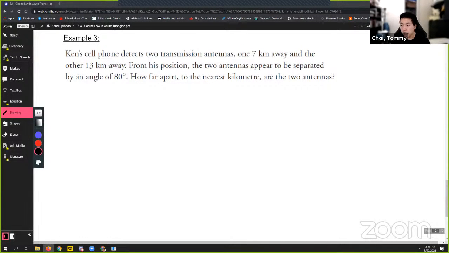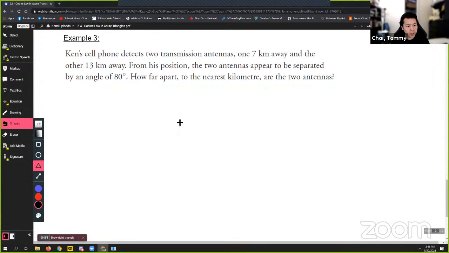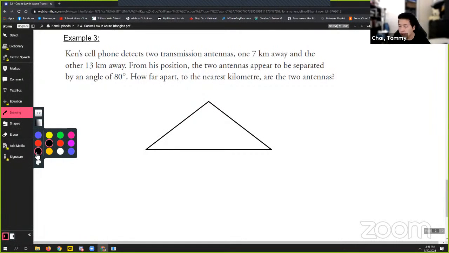Okay. So the diagram you should have here, hopefully you have something like this, or at least a triangle. Your numbers here, it doesn't matter whether you put 7 on the side or 13, but 7 and 13 should be here. So if you wrote 13 and 7, that's right too. So don't worry.